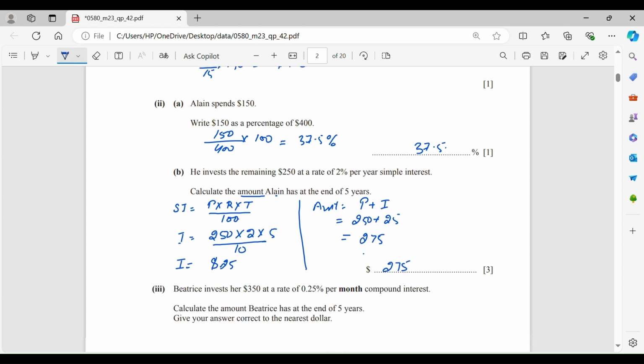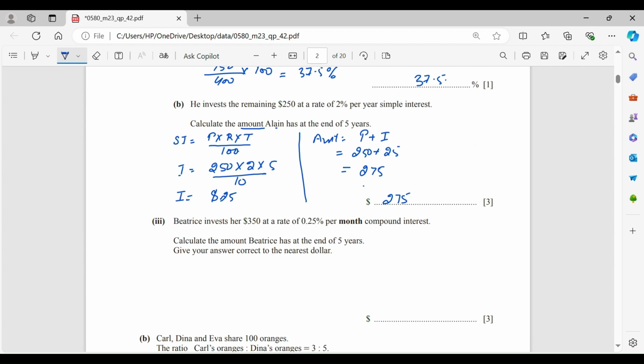Next, third part. Beatrice invests her $350 at a rate of 0.25% per month compound interest. It is per month compound interest, right? So calculate the amount Beatrice has at the end of 5 years. Give your answer correct to the nearest dollar.